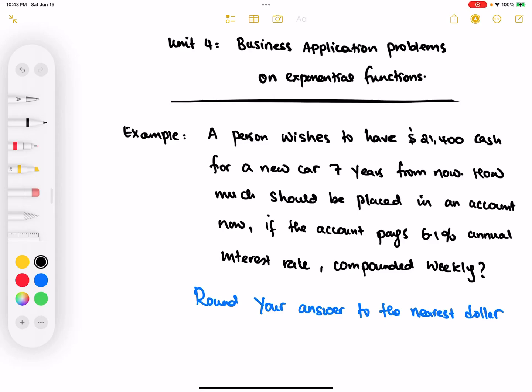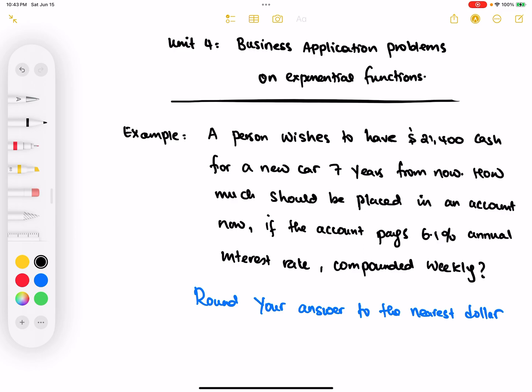All right, let's see two examples on how to apply exponential function on business problems. We discussed this one on exponential function, but let's see some examples.